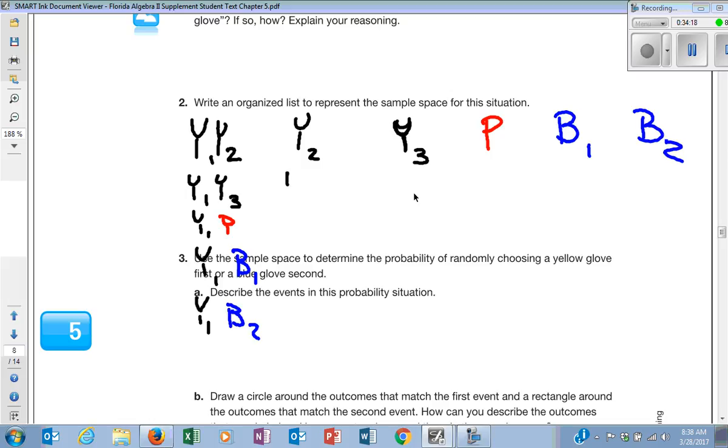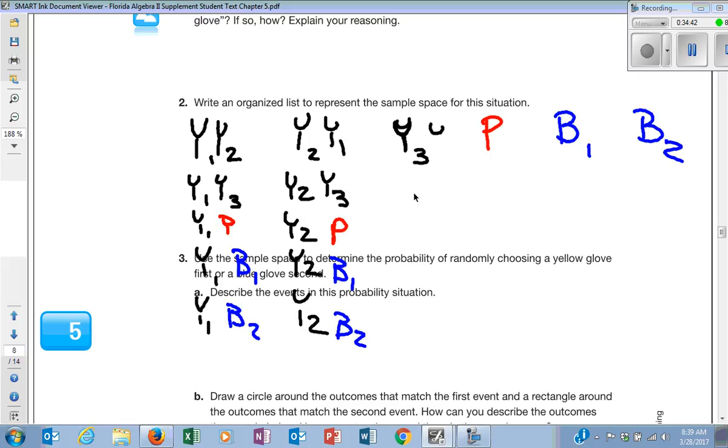Here I can go yellow 2, 1, 2, 3, 4, 5. And I could choose yellow 1 with it. I could choose yellow 3 with it. I could choose purple with it. And I could choose blue 1 and blue 2 with it. You guys following me on this?